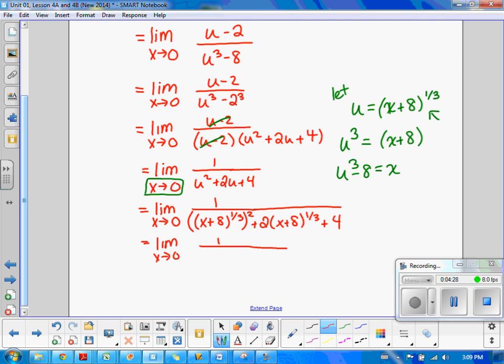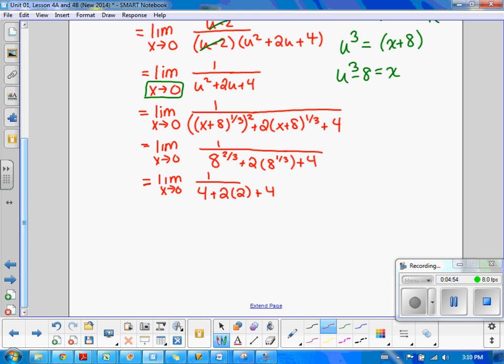And at this point, we can plug in x equals 0 in the denominator. We end up with 8 to the power of 2/3 plus 2 times 8 to the power of 1/3 plus 4. In the end, our limit as x approaches 0 is 1/12.